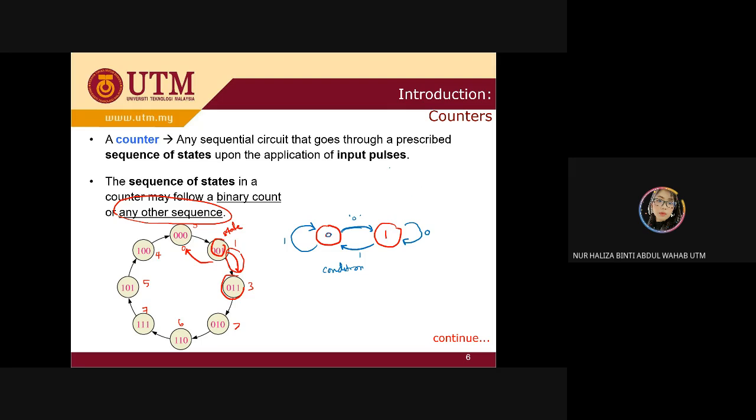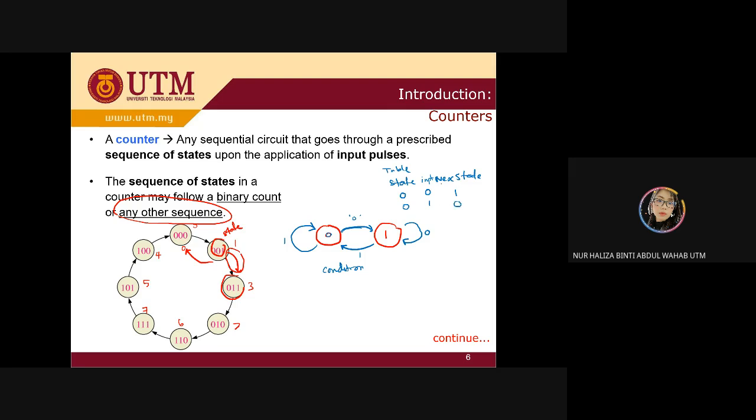Let's say in the table, you are currently at state 0. The next state, if you have input 0, is 1. If you have the input of 1 for state 0, you're going to remain 0.